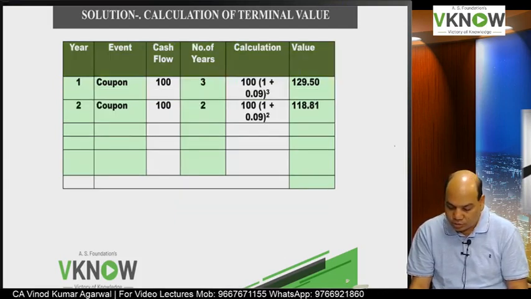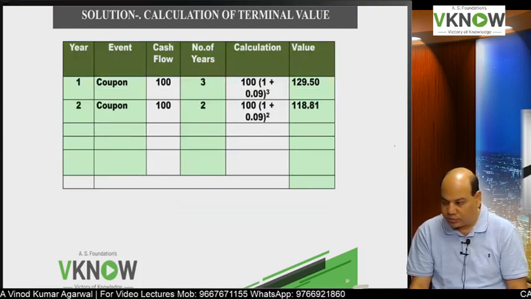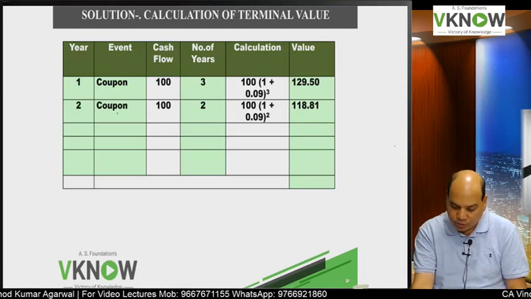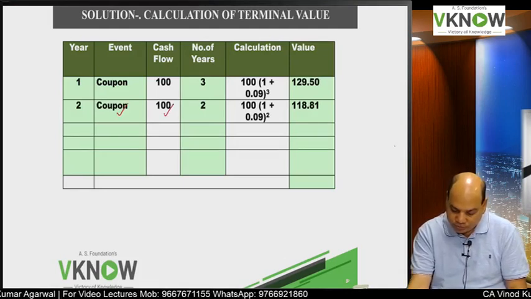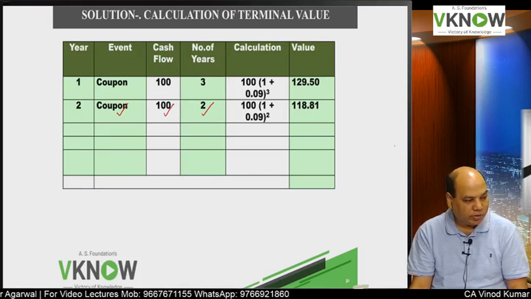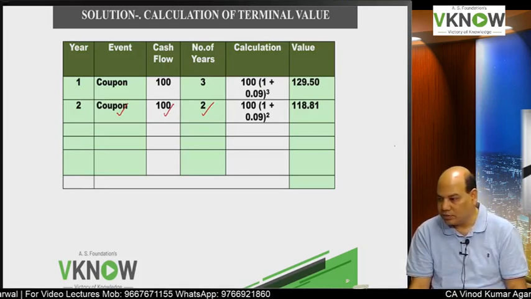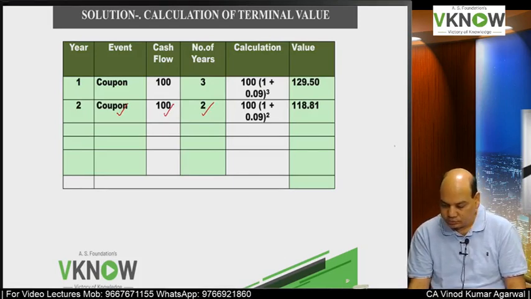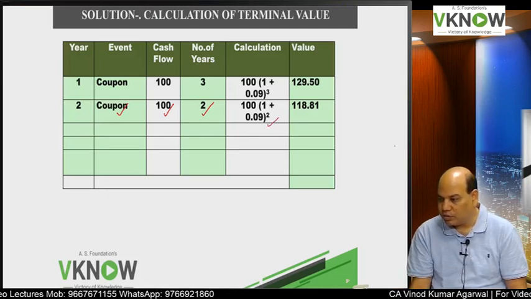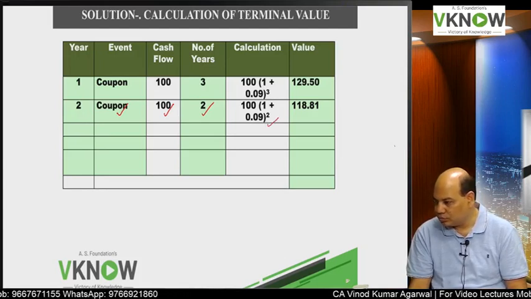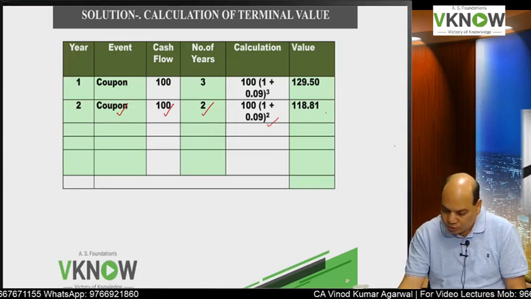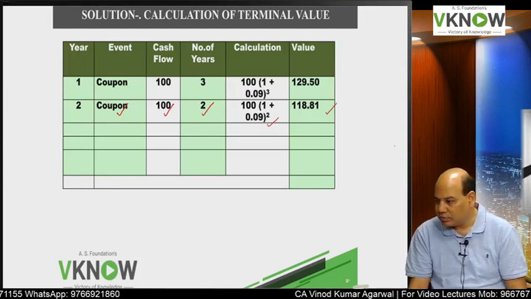Okay. Now go to year 2, do the same thing. In year 2, you will receive coupon 100 rupees. Number of years for which this 100 will be invested will be 2 years. Future value 100 into 1.09 to the power 2. So that comes to 118.81.